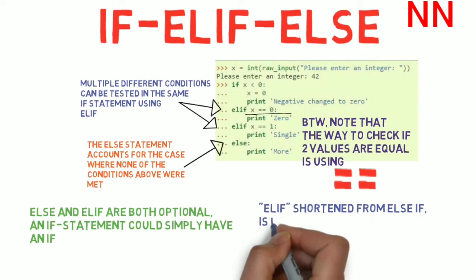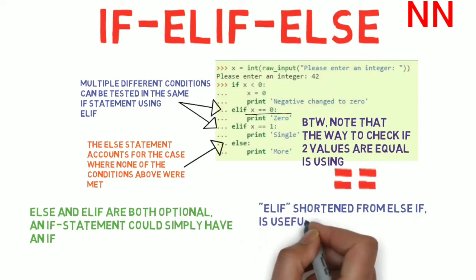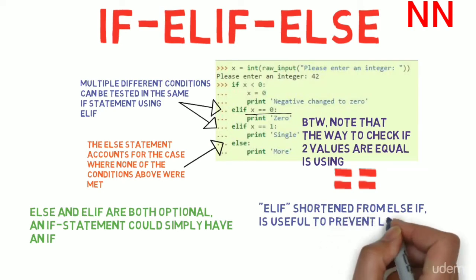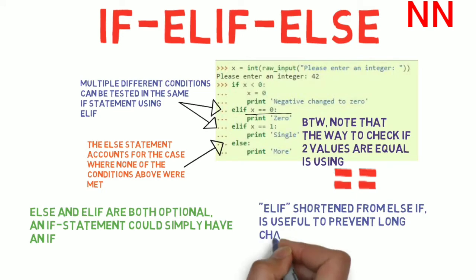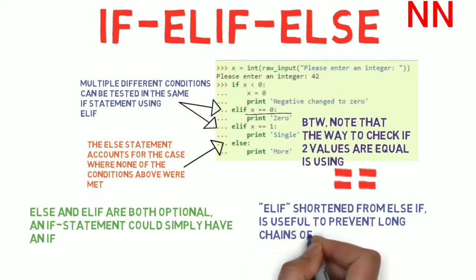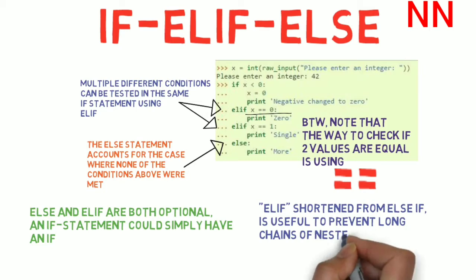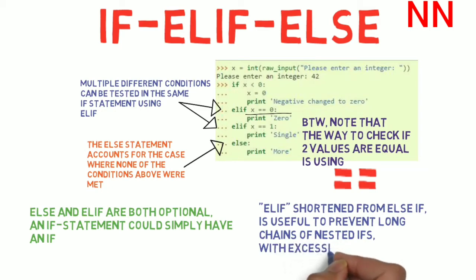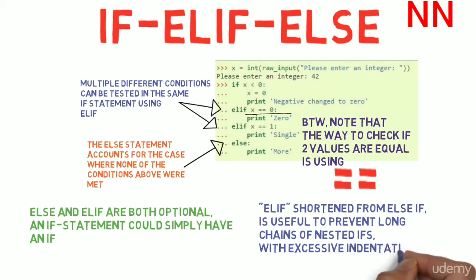Now the way to write this exact same piece of code in another way is to use multiple long nested chains of if statements. So if something has happened, do this, else, and then nest another if statement below that.